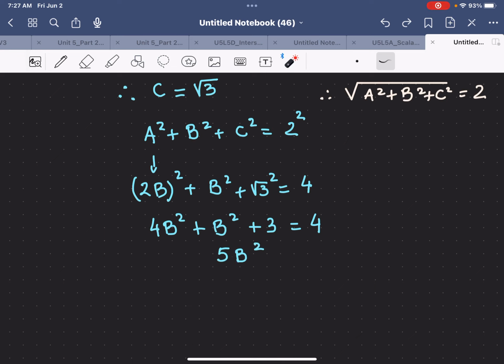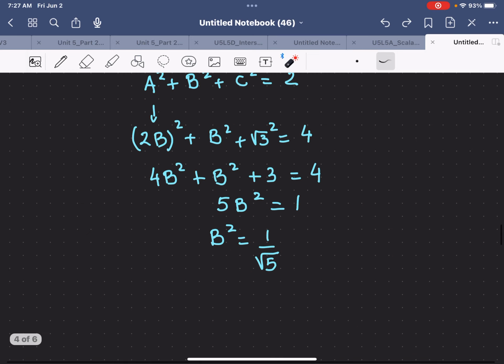Simplify: 4b squared and b squared make 5b squared, and then take 3 to the other side. 4 minus 3 equals 1. So that gives b squared equal to 1 over 5, and b would be plus or minus the square root of 1 over 5.